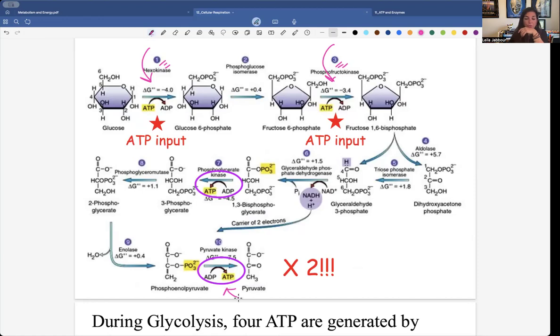When we go from phosphoenolpyruvate, we have an ATP produced. And the other ATP is produced at your 1,3-bisphosphoglycerate. You have ATP production when that chemical reaction takes place.